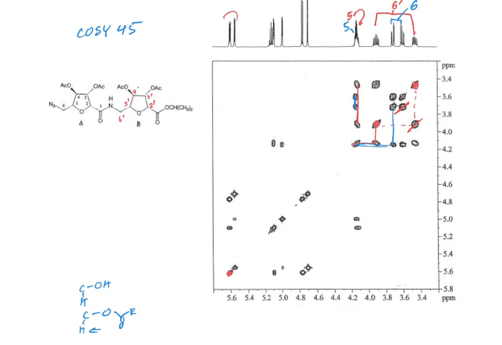Okay? So then when we go from 5 to 4, notice that these two are likewise slightly offset from one another. So that tells us that this one has to be 5 prime to 4 prime, and this one is 5 to 4.